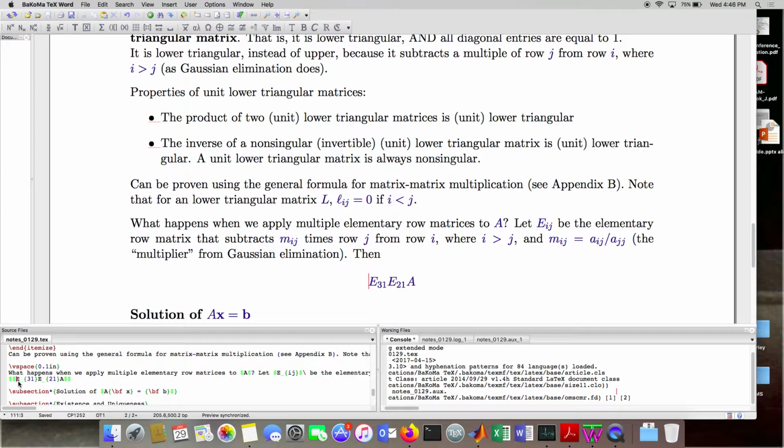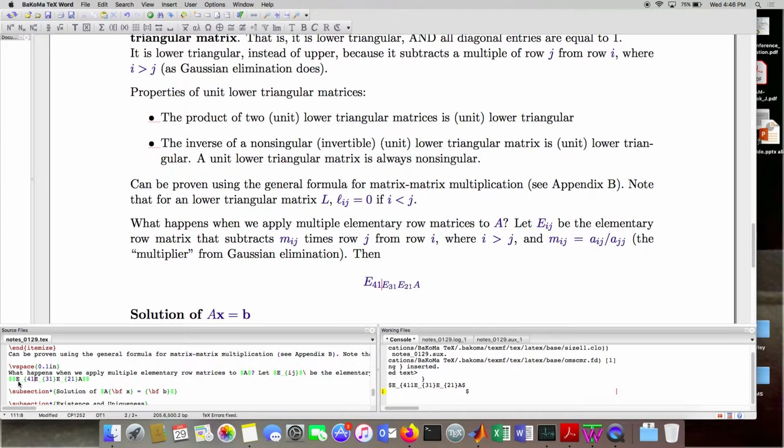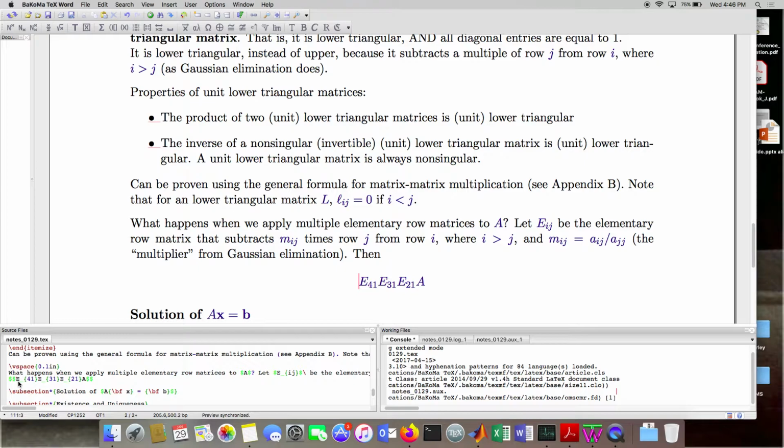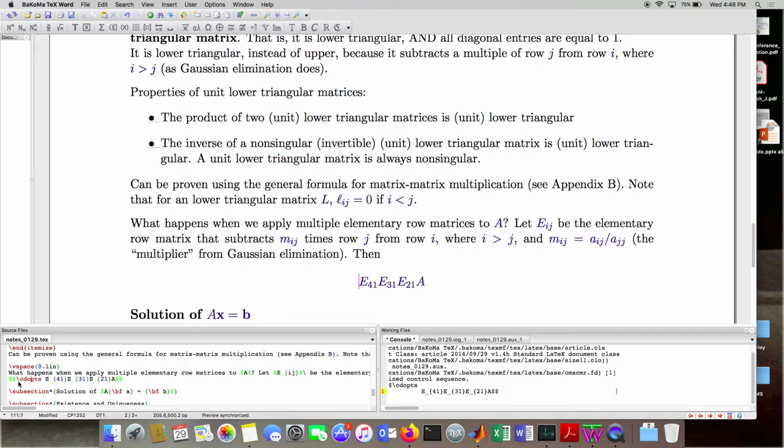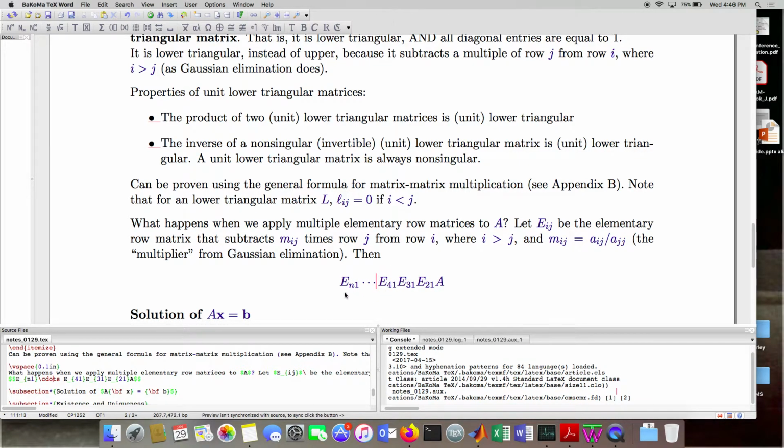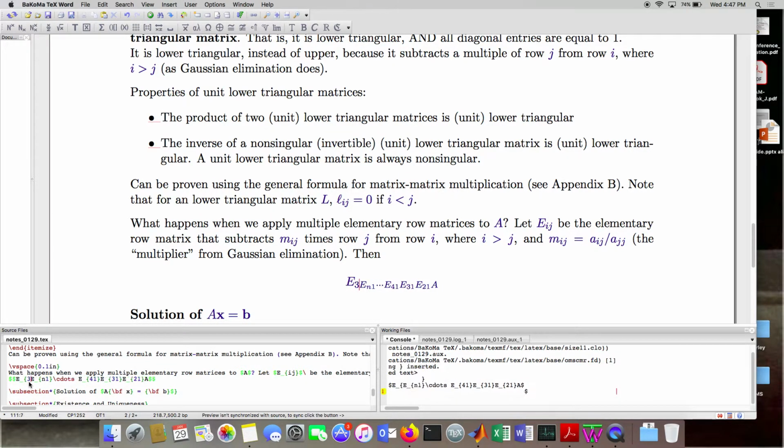Then we keep going, E41, and so on, all the way down to En1, with dots in between for however many rows we have. What this has accomplished is zeroing out all the subdiagonal entries in the first column. Then we go to the second column and do E32.